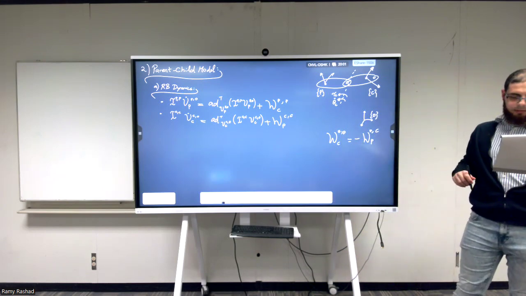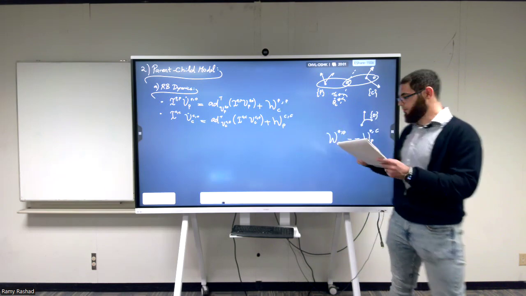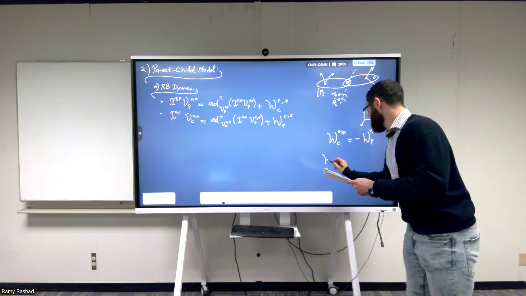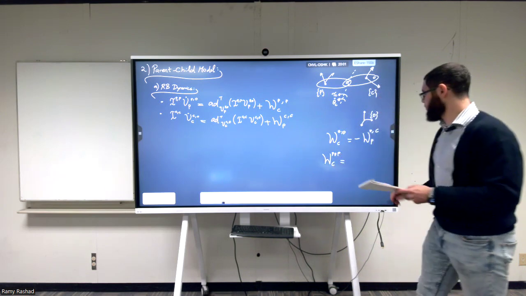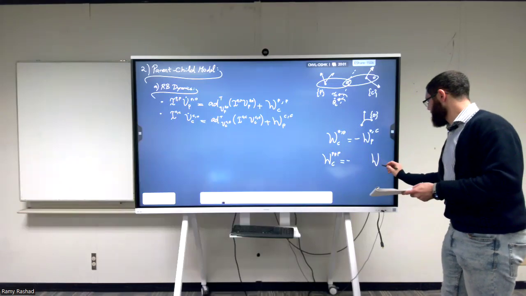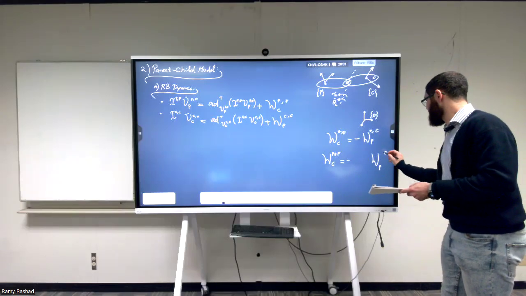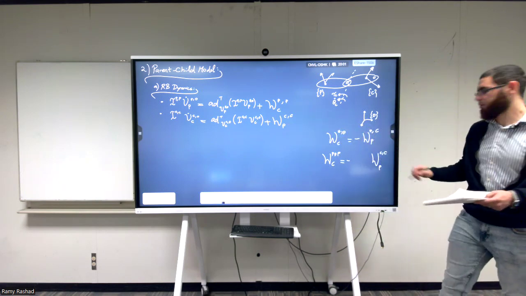If you want to calculate the wrench of C applied on P expressed in the P frame, it will be equal to minus the wrench of P applied on C expressed in the C frame, which is that one. What is the transformation between them?